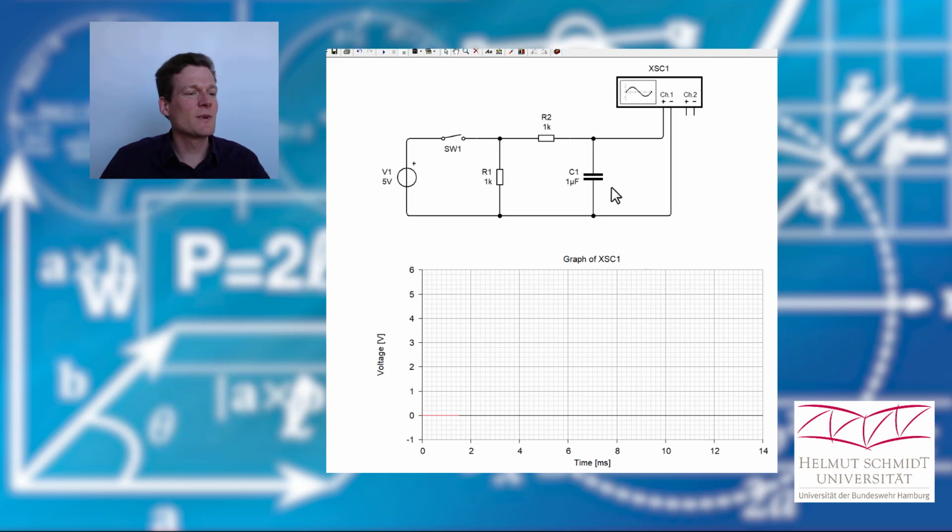Okay, what happens if we close the switch? We would have these 5 volts directly here at the resistor R1.